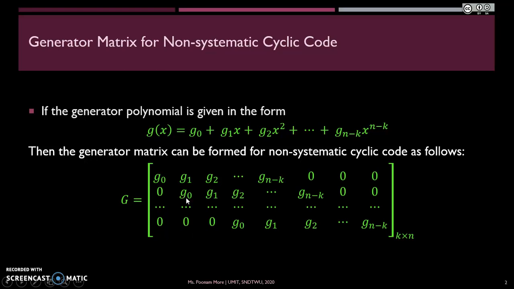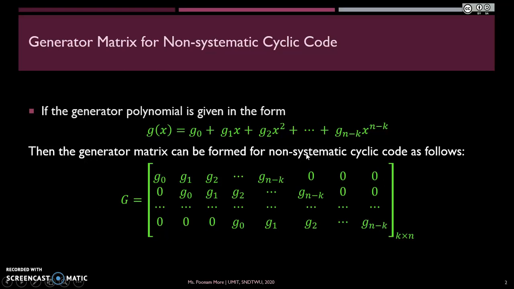So the first row is considered with the right shift to form the second row, and this process will go on until the kth row.